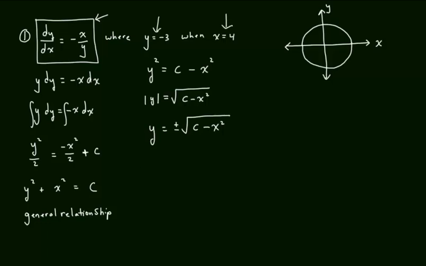The fact that y has to equal negative 3, that alone tells us that we're looking at the negative radical. So I would say that negative 3 equals plus or minus, but it has to be the minus version because I have to get the negative 3. C minus, and then I plug in 4 for x, and that gives me 16.